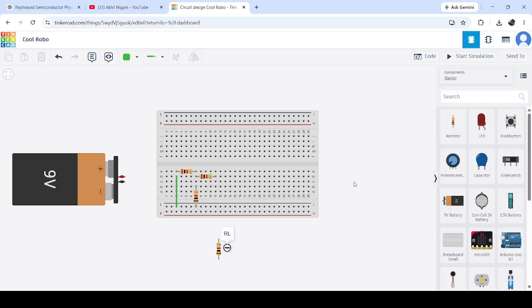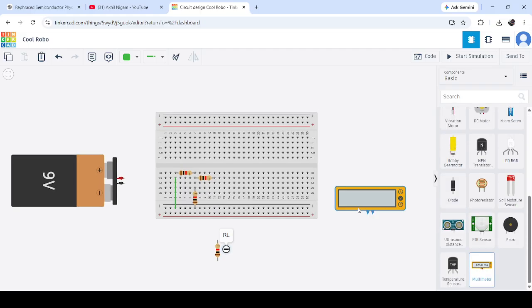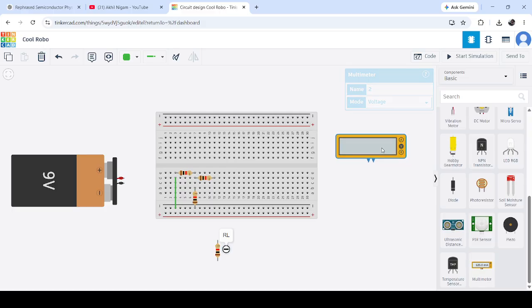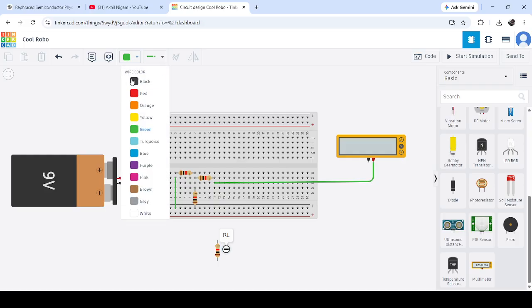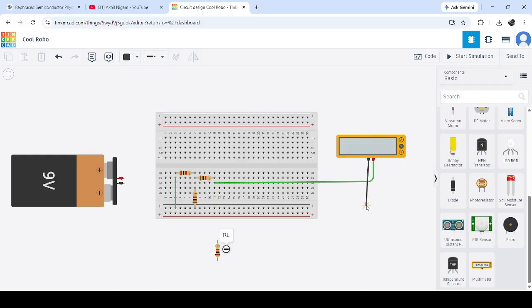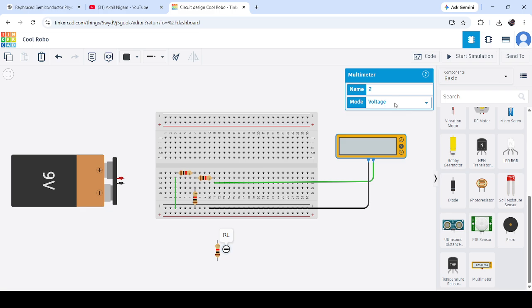So we will connect a multimeter for observation of RTH. I will connect my first terminal to this terminal and the next terminal from here to here. This is horizontally shorted, so you may connect anywhere. With this multimeter you can measure voltage, current and resistance.